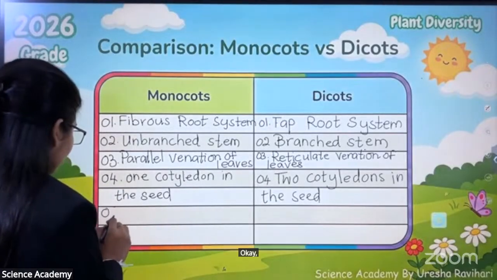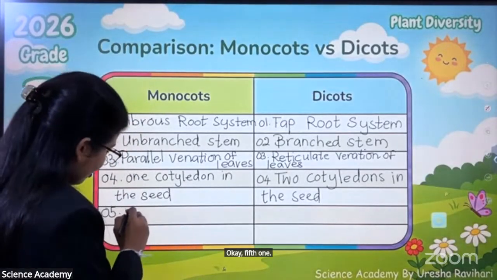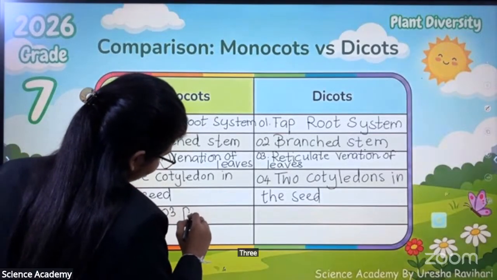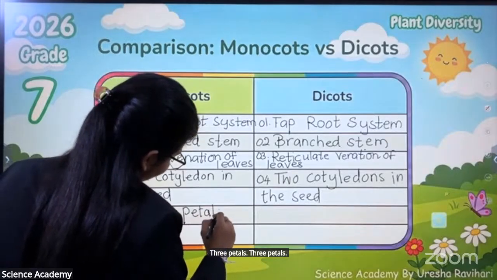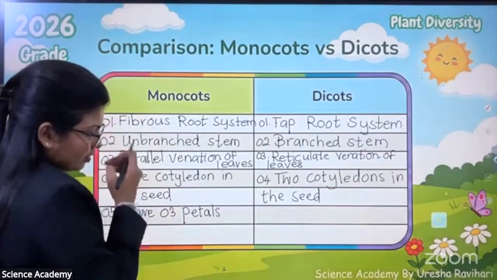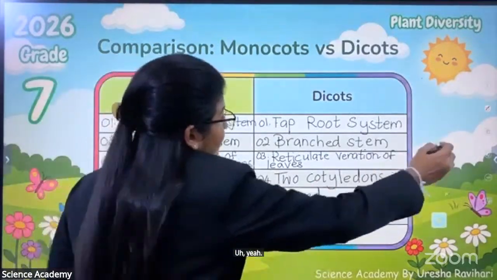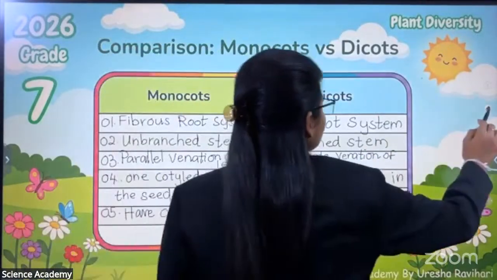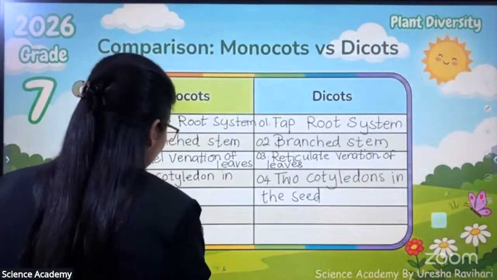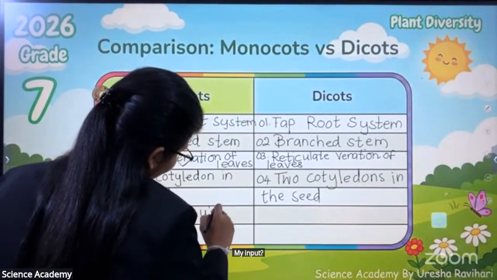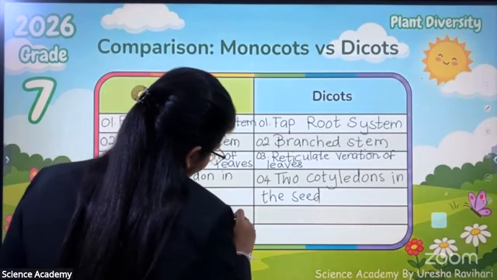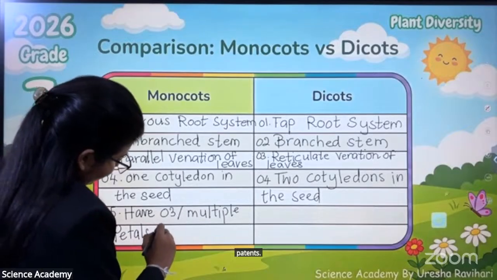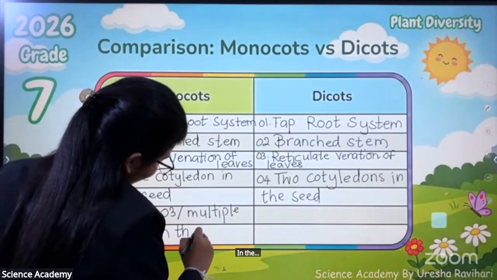Fifth one: monocots have three petals, or multiples of three, in the flower.